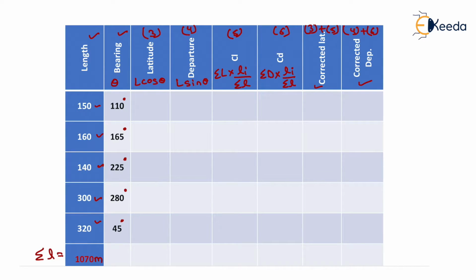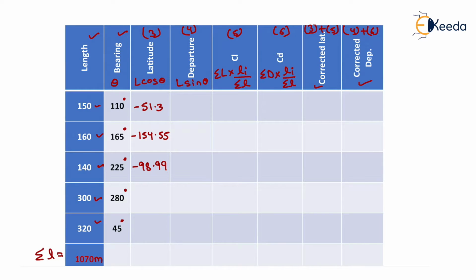Now we will find the latitude, that is 150 cos 110 degree, which equals minus 51.3. Similarly 160 cos 165 degree equals minus 154.55. Similarly, we can determine the next latitude, that is 140 cos 225, which equals minus 98.99.